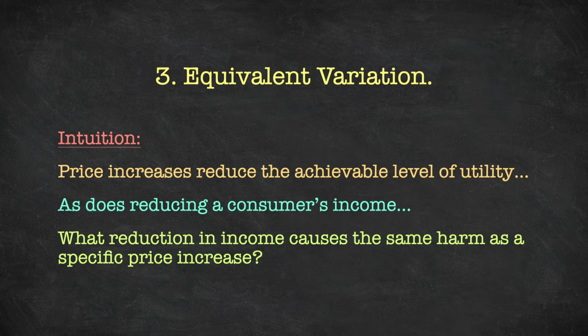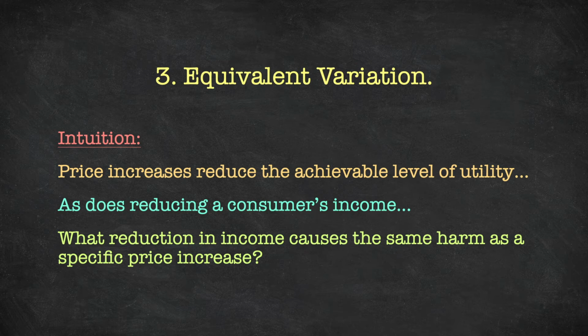So this is the question that the equivalent variation concept answers. It says, well, what reduction in income causes the same harm as a specific price increase? When we say causes the same harm, we mean we know that a specific price increase will reduce utility by a certain amount.